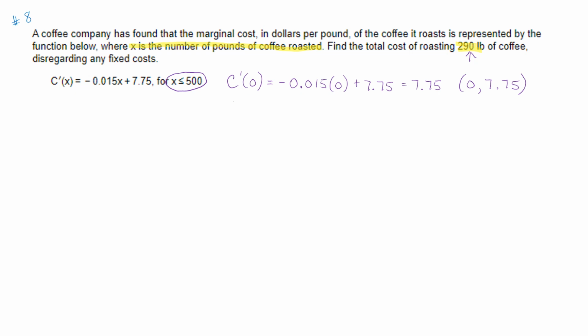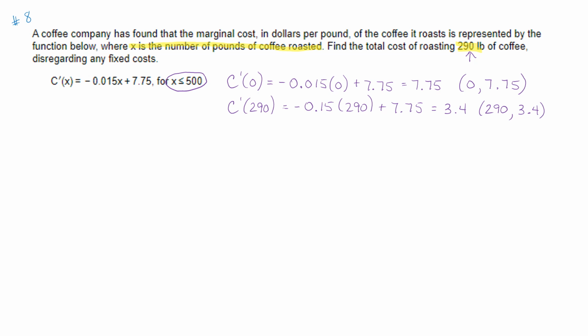So we're going to again plug it in and solve it. And when we do that, we get 3.4, which gives us the ordered pair of X is 290 and the Y is 3.4.